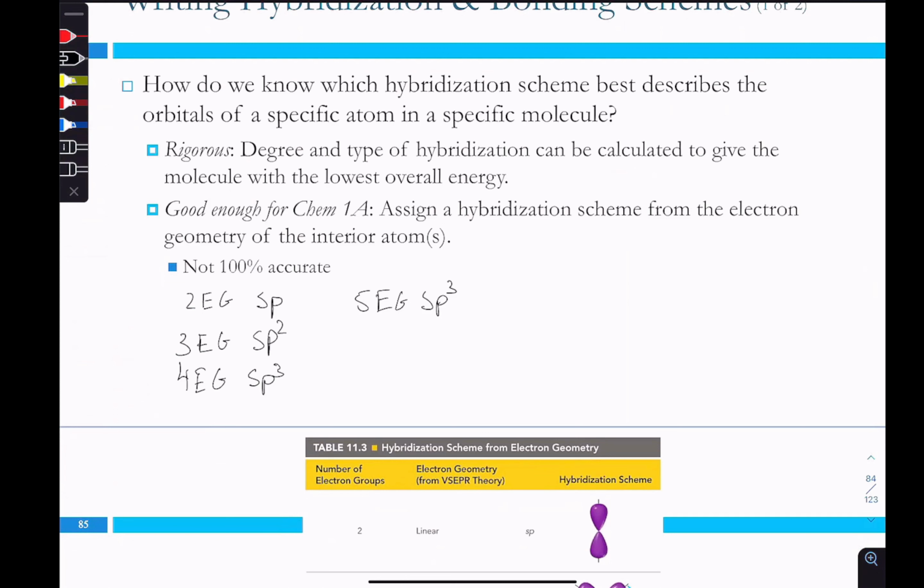Remember, we only have 3 p orbitals, so we have to use a d orbital now. And 6 electron groups, sp3d2.